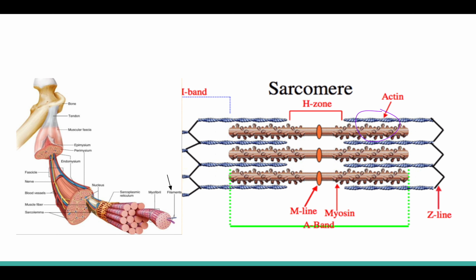The calcium ions diffuse throughout the cell and bind to troponin, which is on actin. We can see the actin on the top right of the right image. This whole process occurs inside the filaments part of the muscle, as you can see on the image to the left with the black arrow.